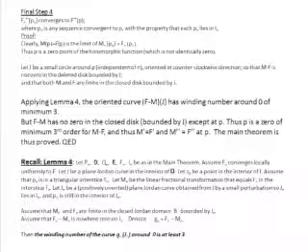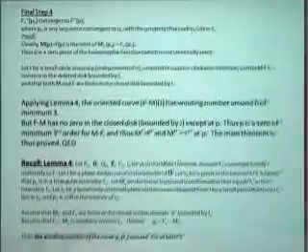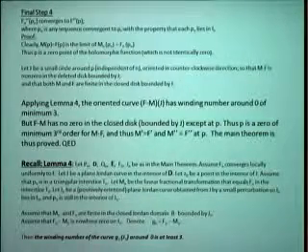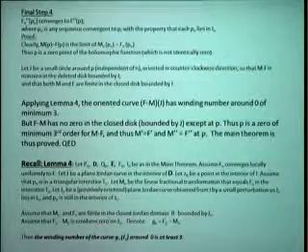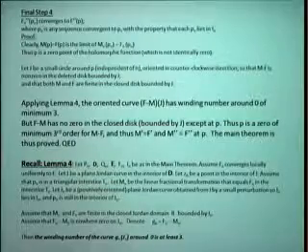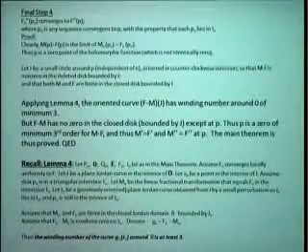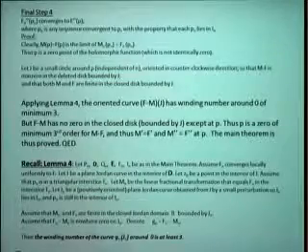Basically we're going to use the difference f minus m. We take a little curve J, and we show that this oriented curve has winding number around 0 at minimum 3. The reason is because f and m agree in some interstice inside, so the winding number has to be at least 3 by lemma 4.